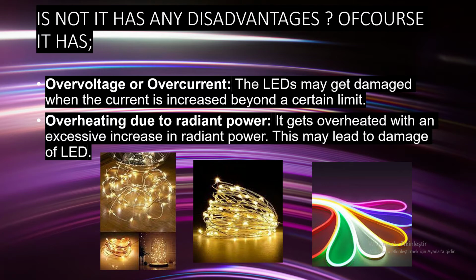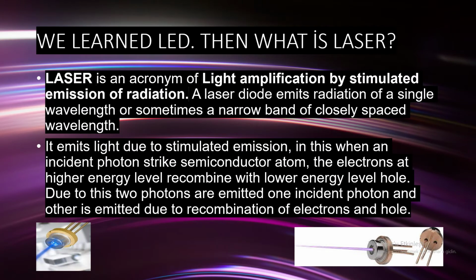I'm nervous, sorry. We learned LED, then what is laser? Laser is an acronym of light amplification by stimulated emission of radiation. A laser diode emits radiation of a single wavelength, or sometimes a narrow band of closely spaced wavelengths. It emits light due to stimulated emission.